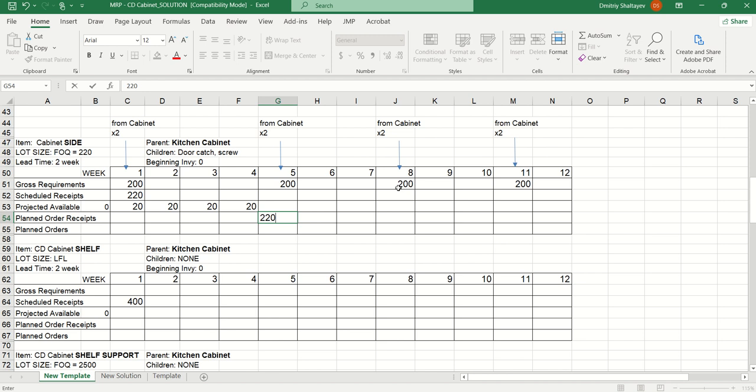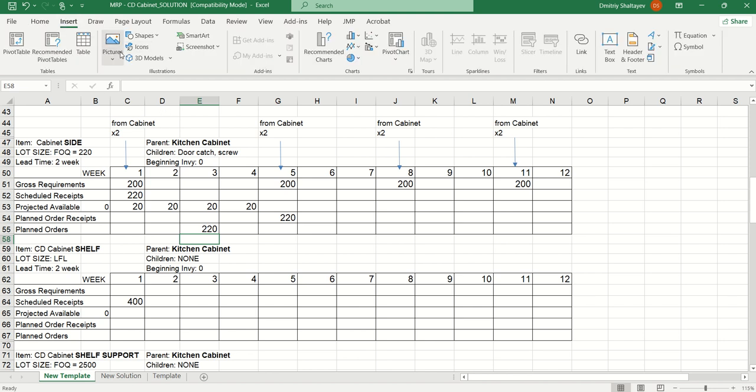So this is not scheduled yet. I'm planning to receive that, and I have enough time to plan for that because the lead time is only 2 weeks. So if I'm planning to receive that in week 5, when should I order that? Week 3, right? So 220, the order should be placed in week number 3.